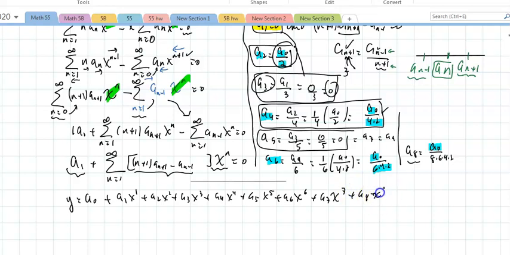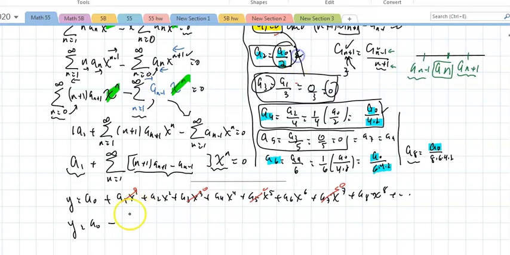And of course, this is infinite. I already concluded that the odds seem to be all 0. If that coefficient is 0, all of these odds are 0. I'm really looking at a sub 0 plus a sub 2. What did I get a sub 2 to be?